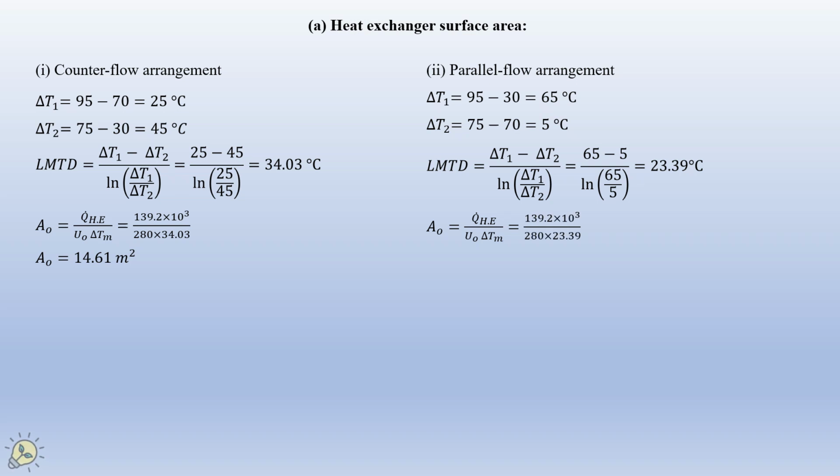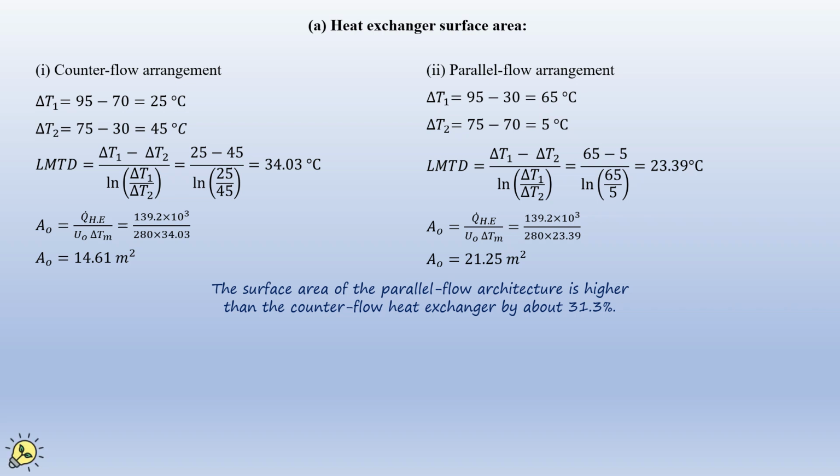And the surface area as a result of these values will be 21.25 meters square. And it is clear that the surface area of the parallel flow arrangement will be higher than that of the counter flow arrangement by a value of 31.3%.